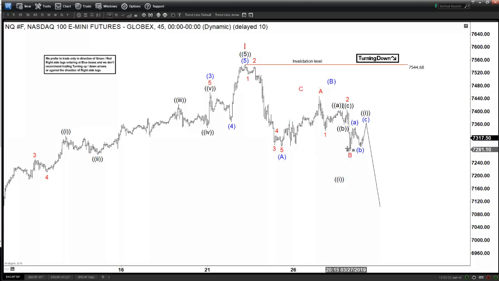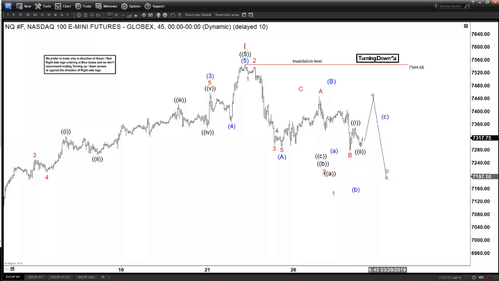So in the case of an expanded flat, we will have something like this. This is AB, okay, and then this will be a C leg. So this will be with 1, with 2, okay, and then we will have something like this, 3, 4.